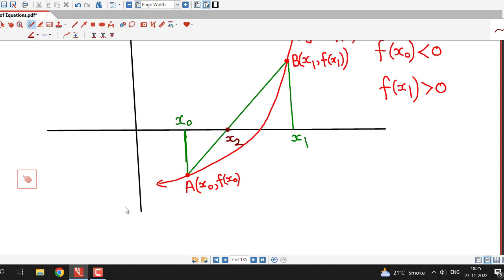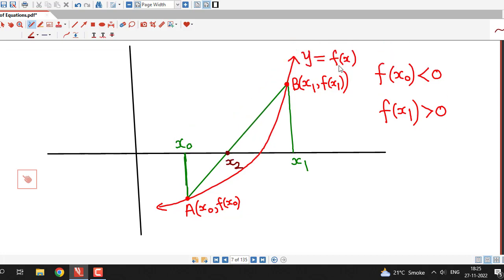Now suppose we are not familiar with, or we don't know, the graph of the given function f(x), then how do we decide this point x2, or what is this point x2? For that we can find the equation of the line joining these 2 points A and B, and then we can find this x2.